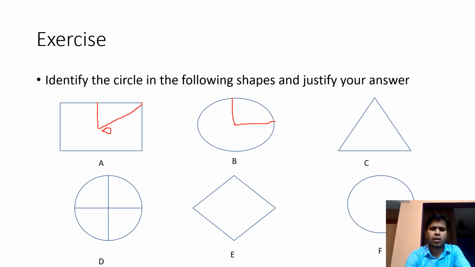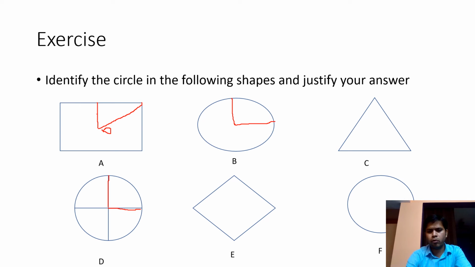In this way we can go to the C part. We know that this is a triangle. After that we can go to the D part of the figure. We can see that this line and this line are equal, right? Also this line and this line are equal. So this is a circle. So D is the right answer in this case.